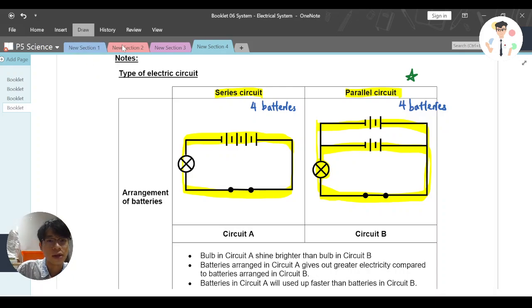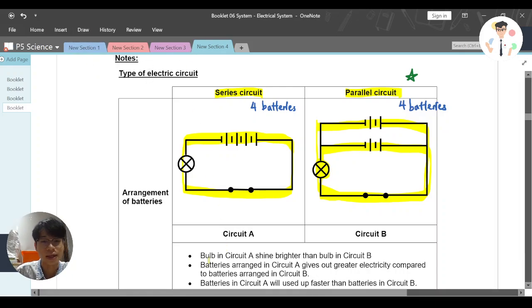That is the reason why the bulb in circuit A will shine brighter than the bulb in circuit B, because this is one circuit and this is another one.